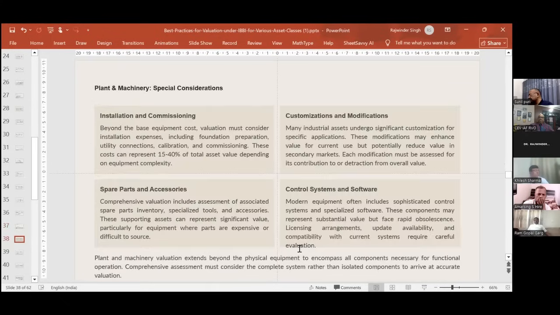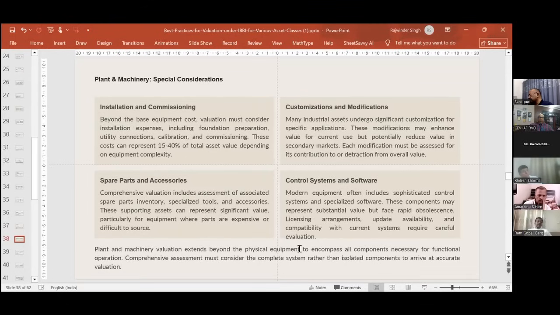And what are the special considerations for plant and machinery valuations? First thing is installation and commissioning, which is to be taken into consideration also.